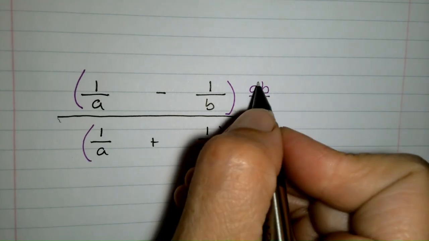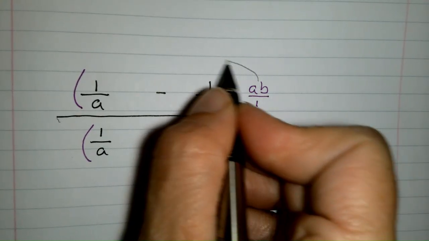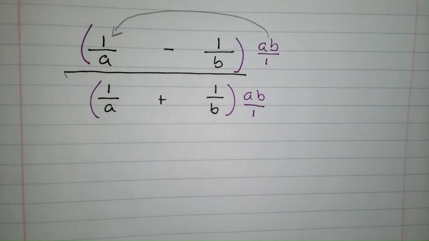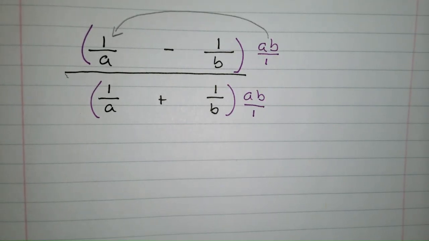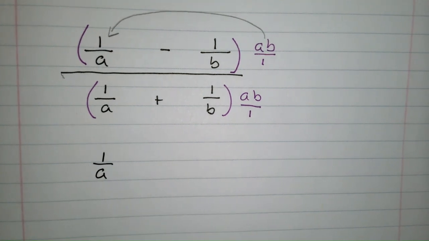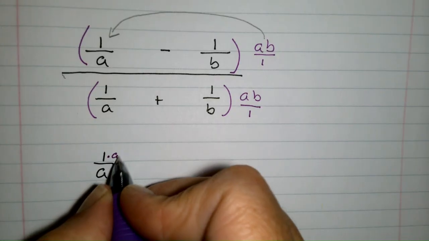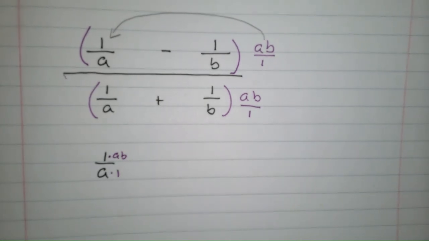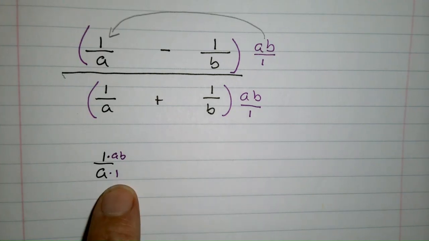So when I distribute this AB to this 1 over A, I'm getting 1 over A with basically an A being multiplied into the top and a 1 being multiplied into the bottom. Do I really have to have times 1?